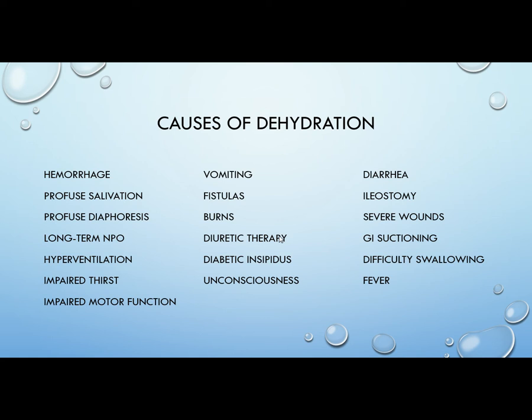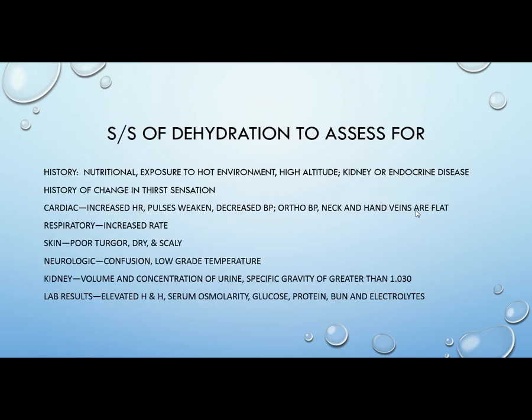Such as hemorrhage, profuse salivation, profuse diaphoresis, long-term NPO status, hyperventilation, impaired thirst, impaired motor function, vomiting, fistulas, burns, diuretic therapy, diabetes insipidus, unconsciousness, diarrhea, ileostomy, severe wounds, GI suction, difficulty swallowing, and fever. Can you determine which ones are which? Okay, we're going to move on.